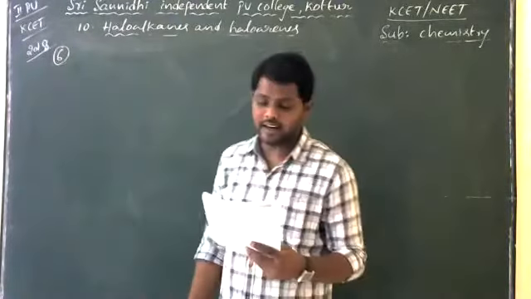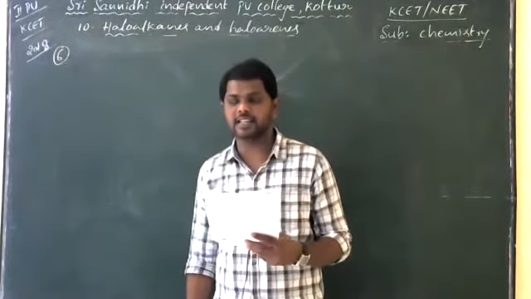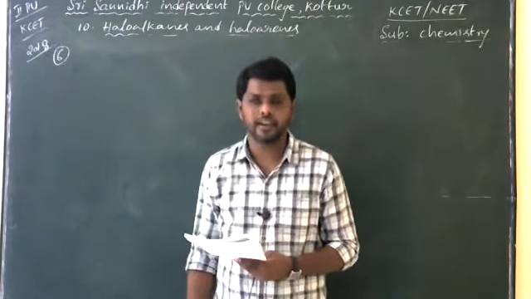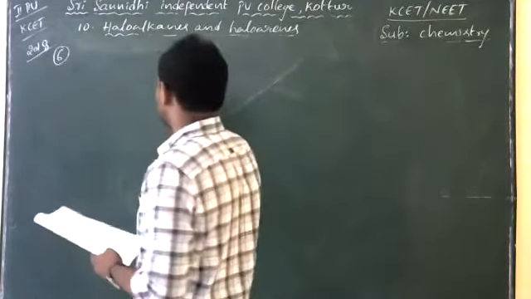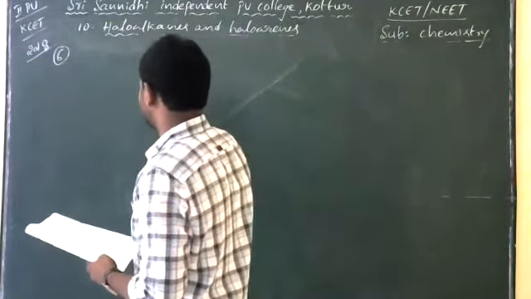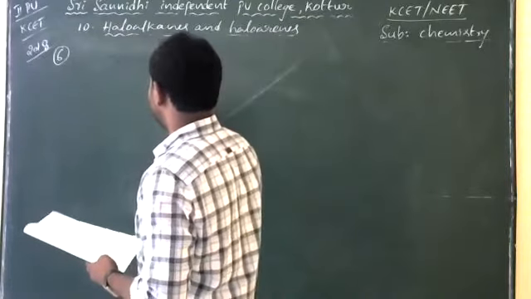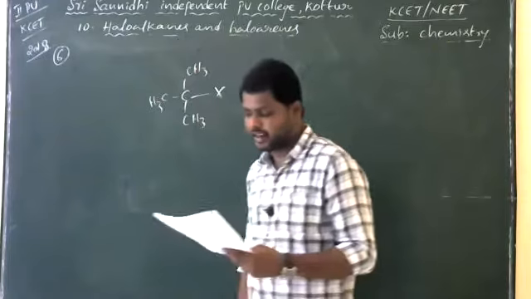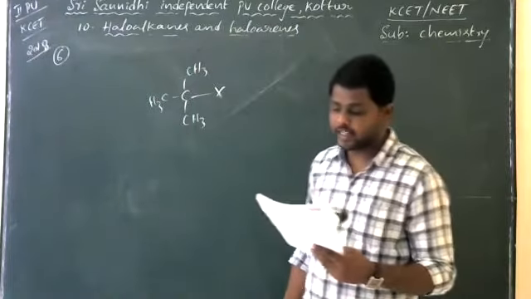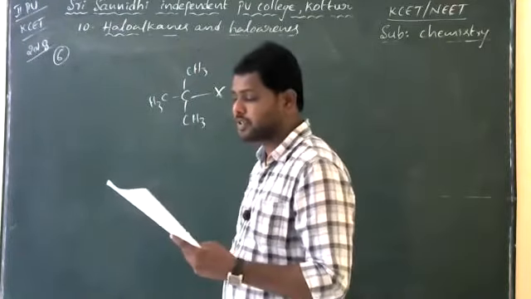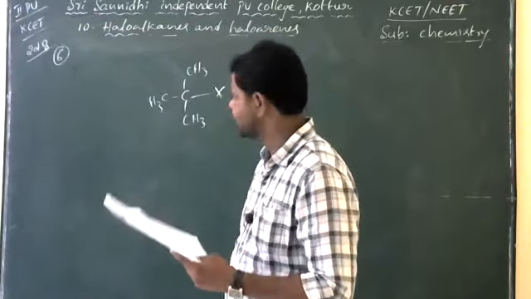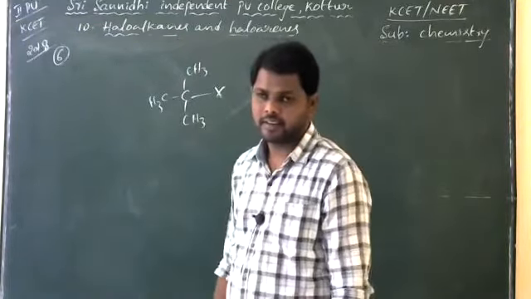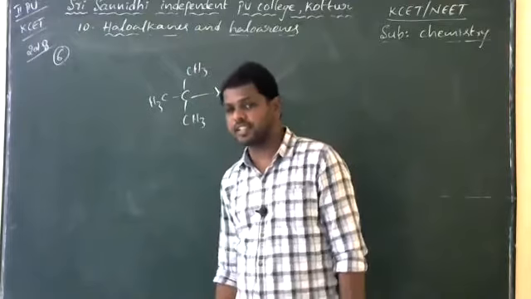Tertiary alkyl halide is practically inert, that is, it does not react. Take a tertiary alkyl halide as an example. It is practically inert towards substitution by the SN2 mechanism, because I already explained SN1 and SN2 in this class.